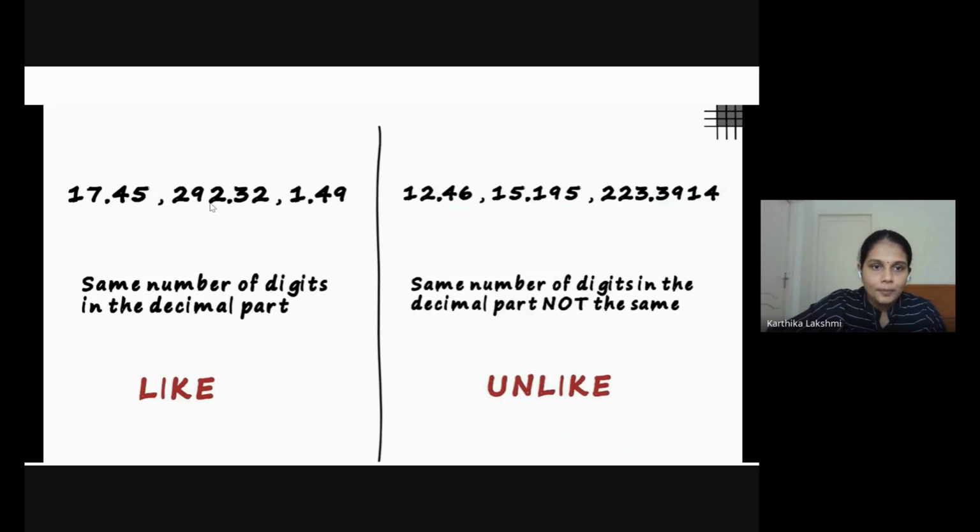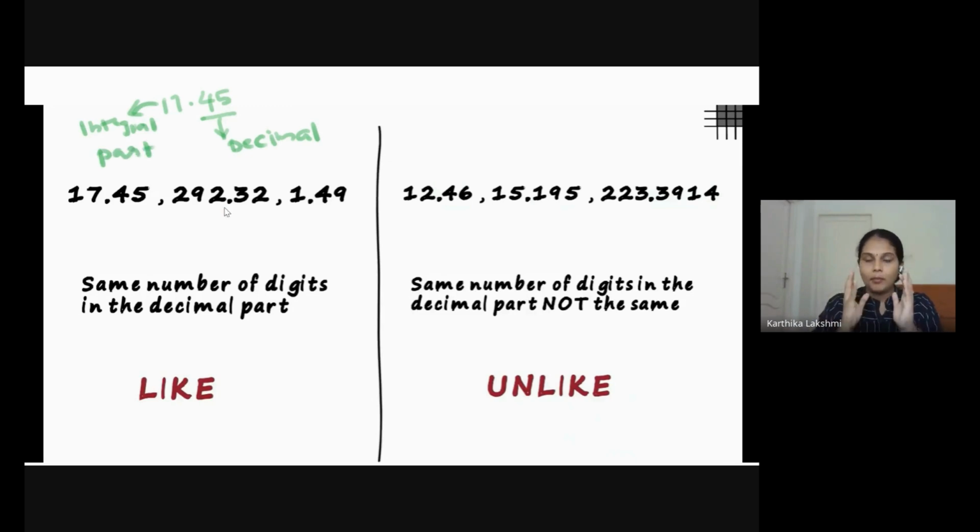Here you can see, I'm going to take this number 17.45. After this point, there are two digits. This part is called the decimal part, and this one is called the integral part. So a decimal number has an integral part and a decimal part.